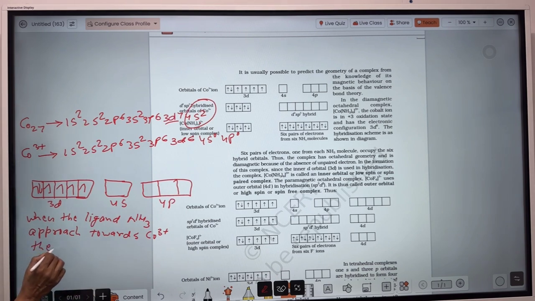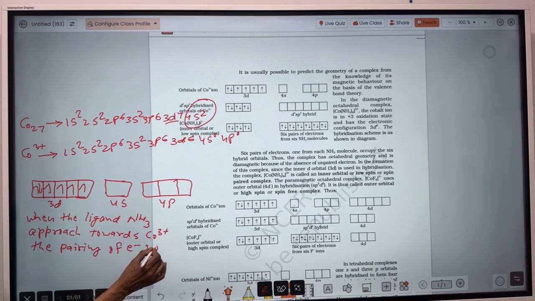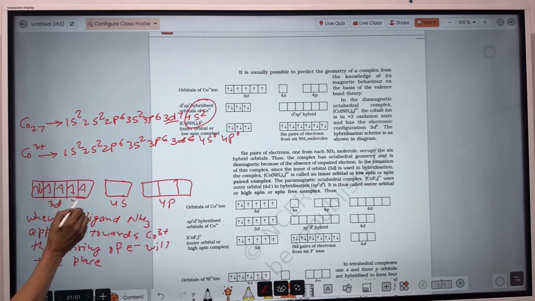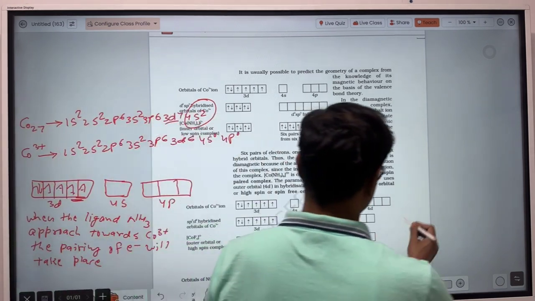So the pairing of electrons will take place. Here are 4 electrons. Then when the pairing is there, 2 orbitals will become vacant. This electron comes here, this electron comes here. So these 2 orbitals will become vacant. So that will be here.